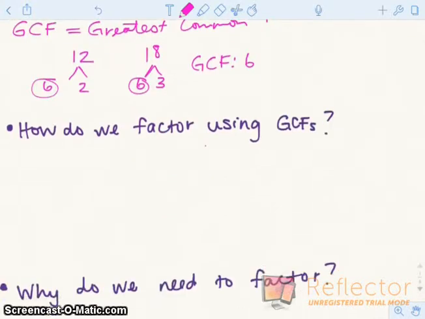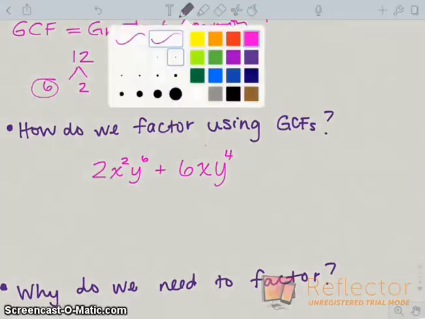So how do we factor using GCFs? Here's what we're going to do. We're going to break down the terms into the smallest possible pieces and then take out anything they have in common. So if I have 2x squared y to the 6th plus 6x y to the 4th, I'm going to factor everything down and then take out what they have in common.